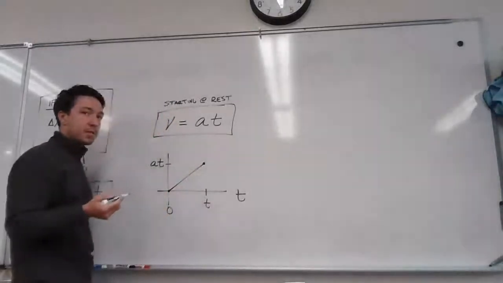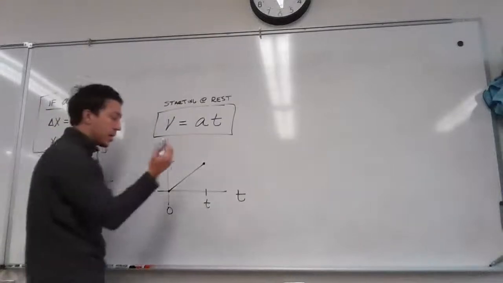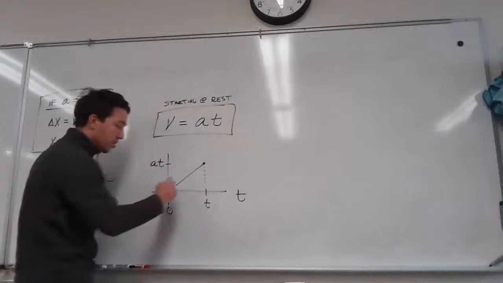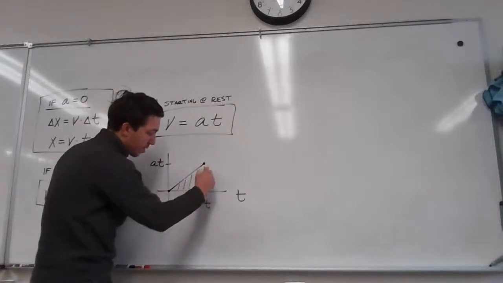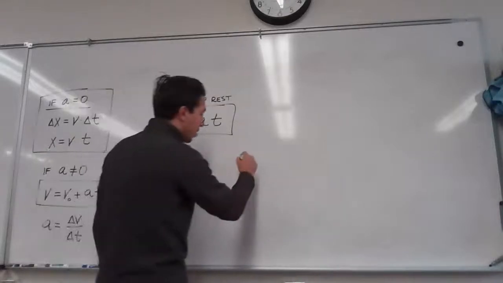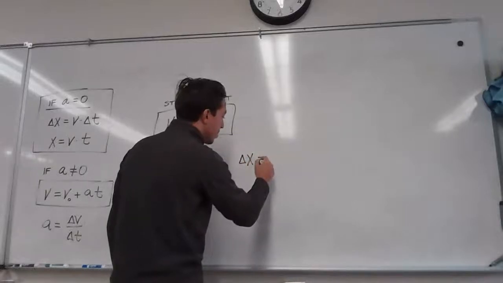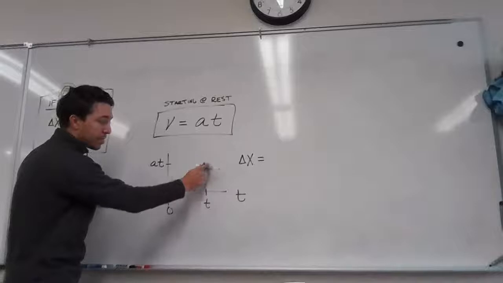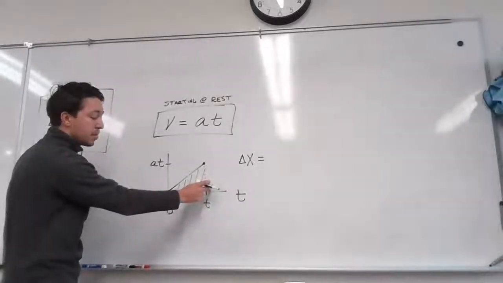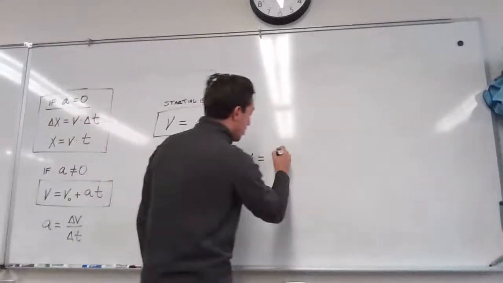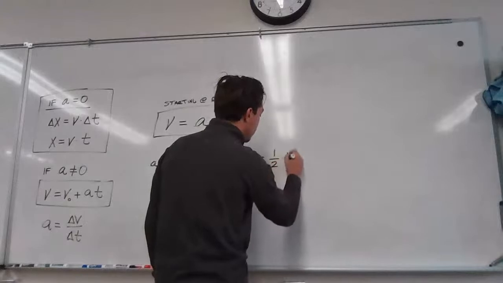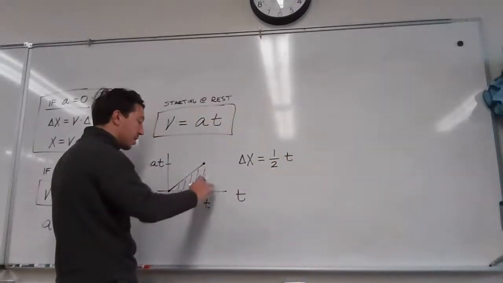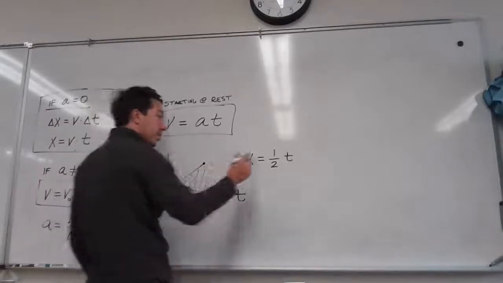How do I find displacement? Area under the curve. So you calculate this area. It's a triangle, so my displacement is base times height times a half. So it would be 1/2 times t, the base is t, the amount of time that passed, and the height is a times t.